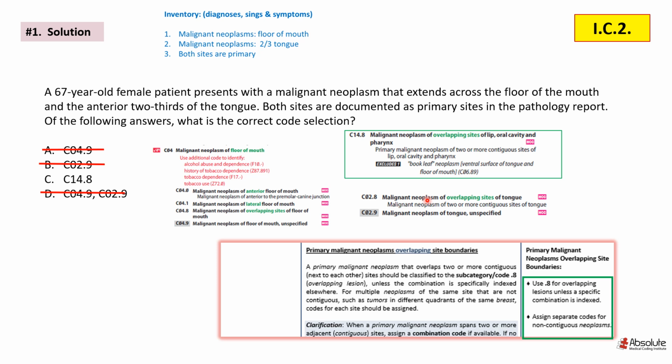Now, the key term is contiguous. It means next to each other. In other words, it's overlapping sites. So these contiguous sites are also overlapping sites. And when you have overlapping or contiguous sites, you must use C14.8. So you don't need to code both.